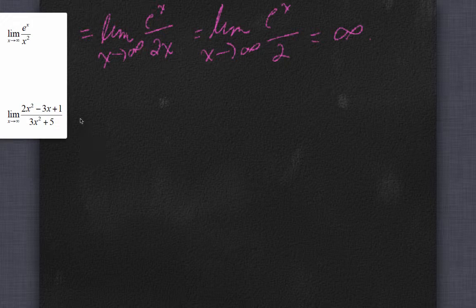Okay, so this one, plug in infinity and get infinity over infinity. Now you know by Bogobot needs DC that this ought to come out 2/3.